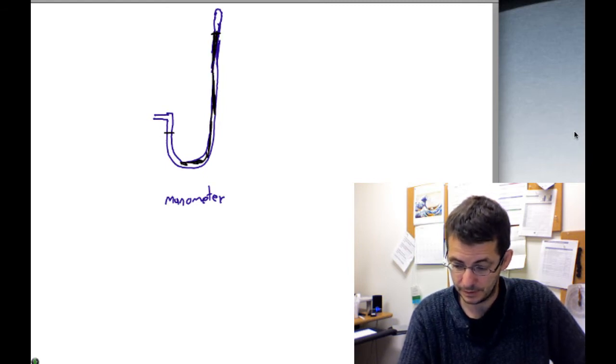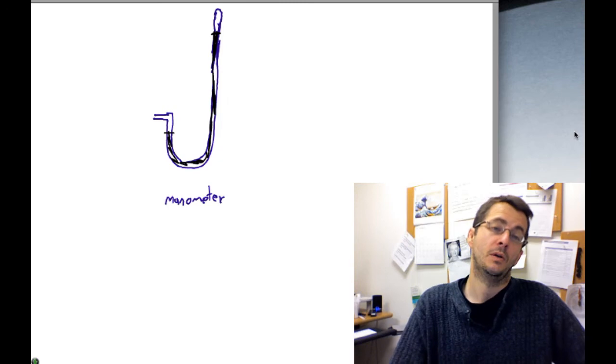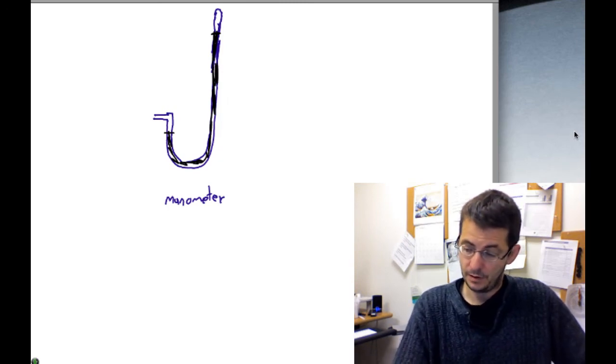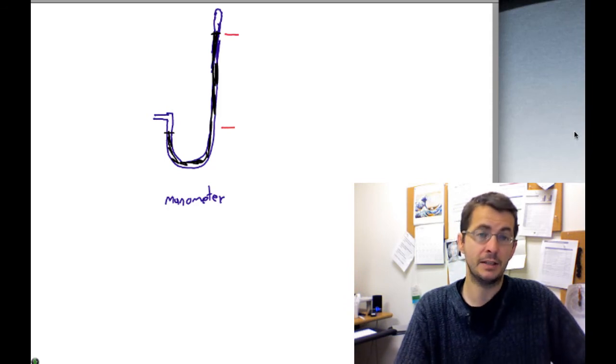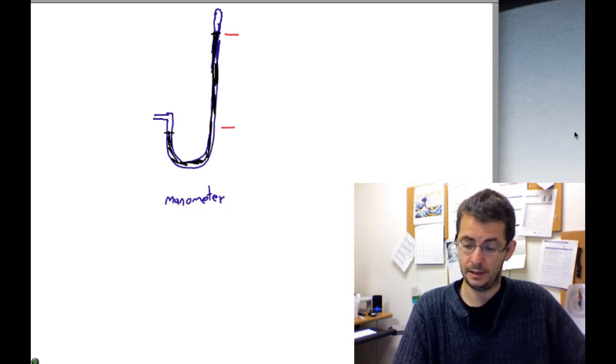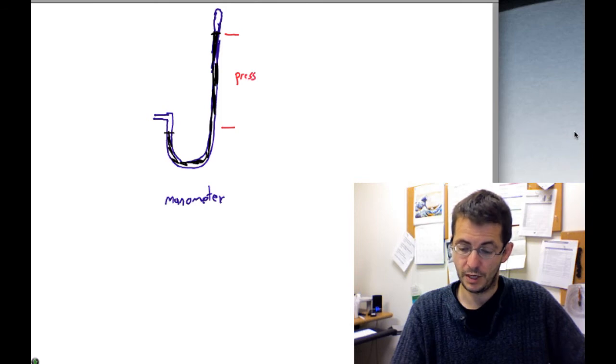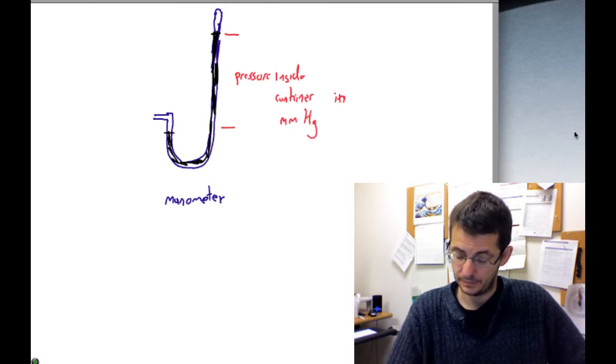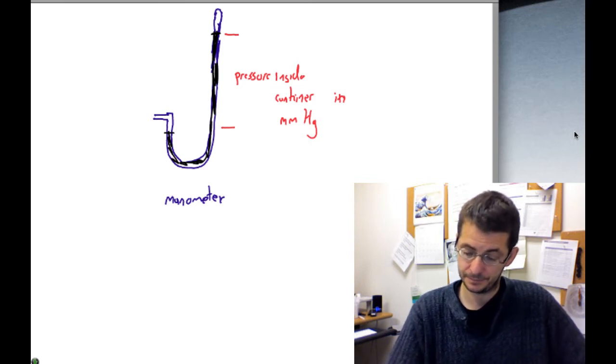And the difference in the height between the two columns would represent, in a closed system, the pressure inside the container in millimeters of mercury.